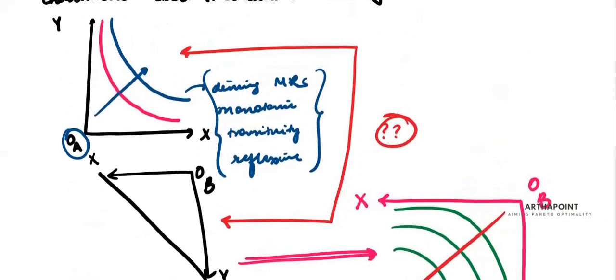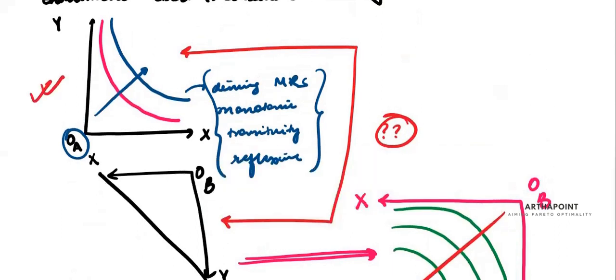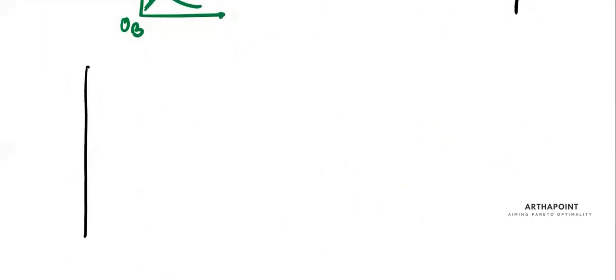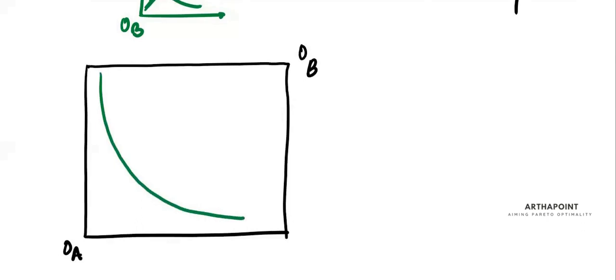Now, once I have individual 1 or A and individual B, I combine these two together. So what do I do? I get this for individual A. Just the opposite of it becomes individual B. I draw the indifference curves of individual A like this.